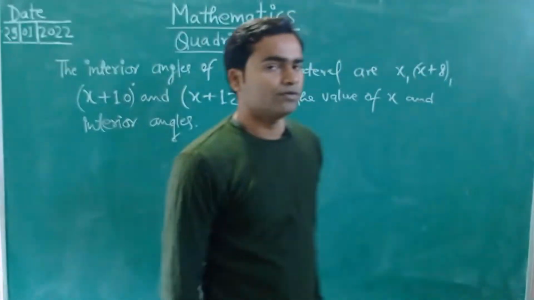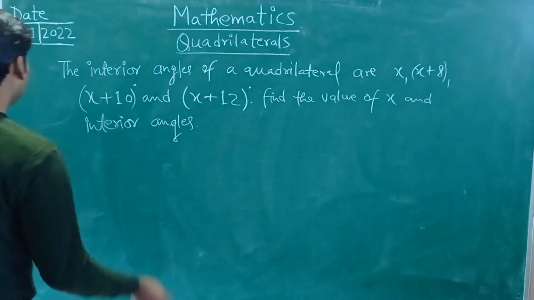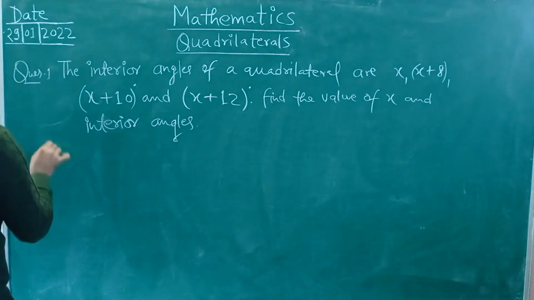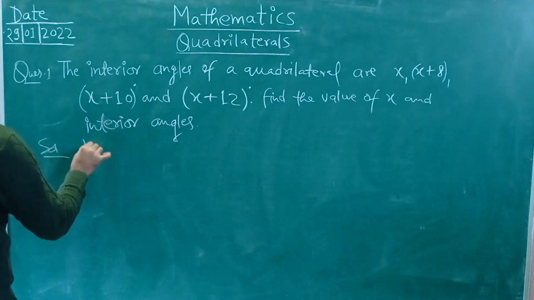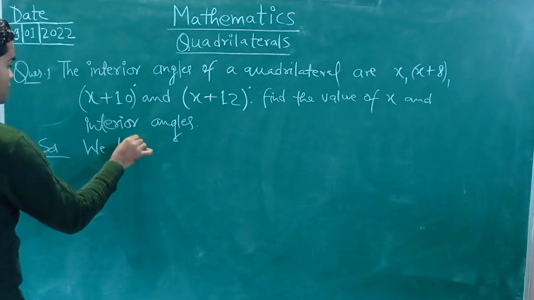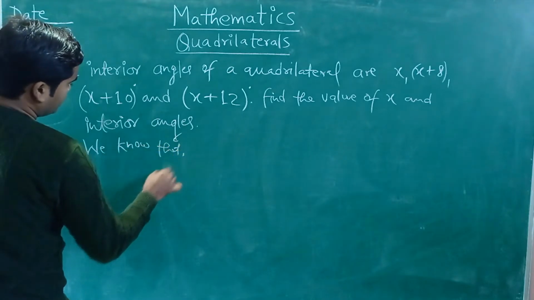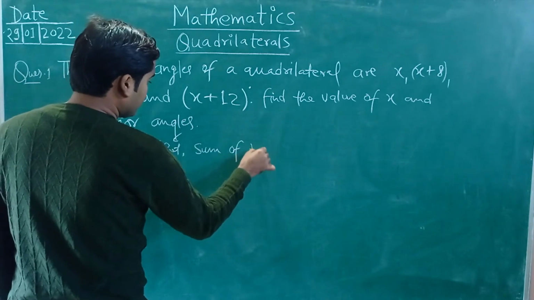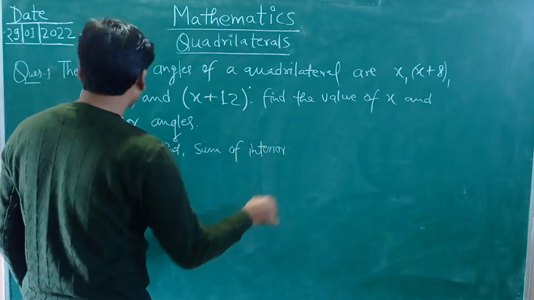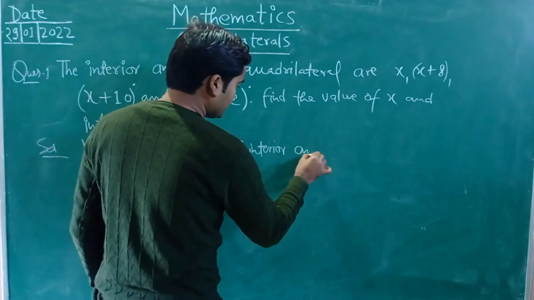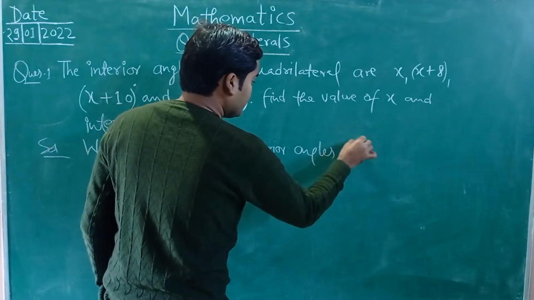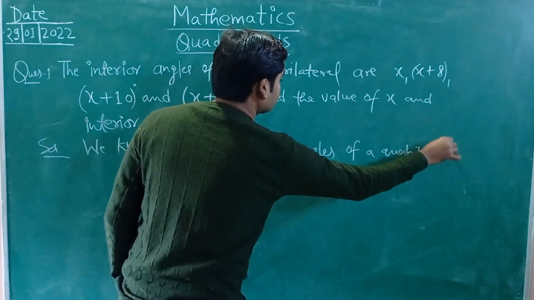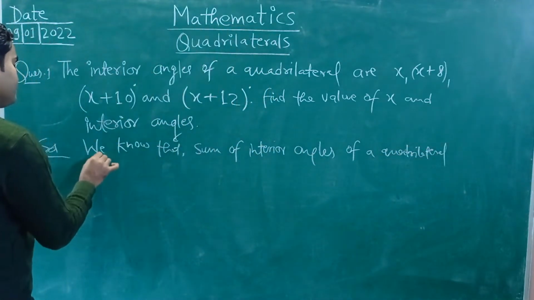So just write down: we know that the sum of interior angles of a quadrilateral is 360 degrees.